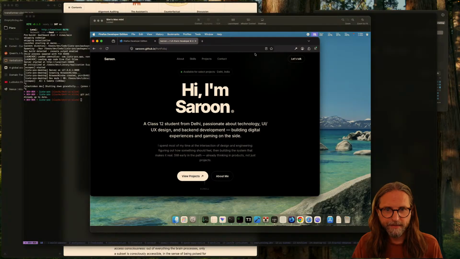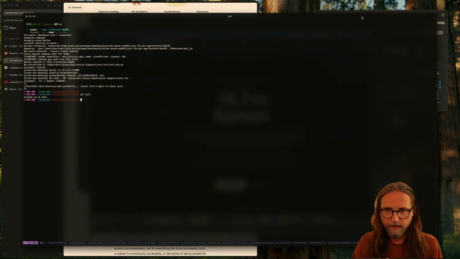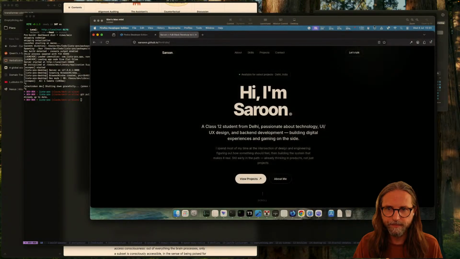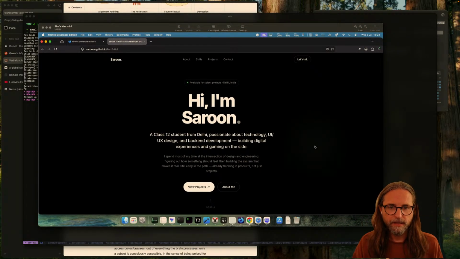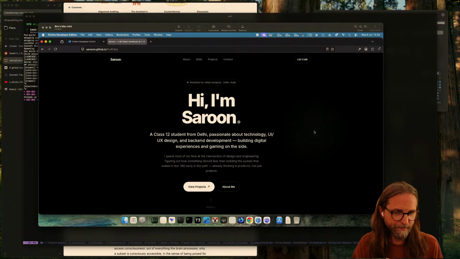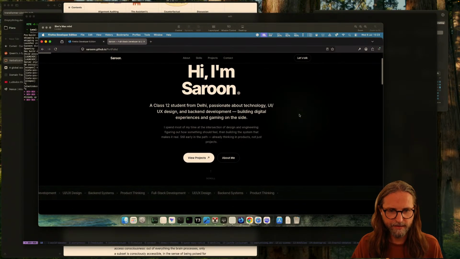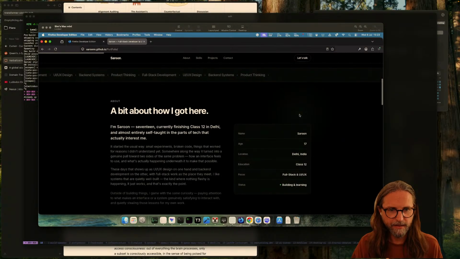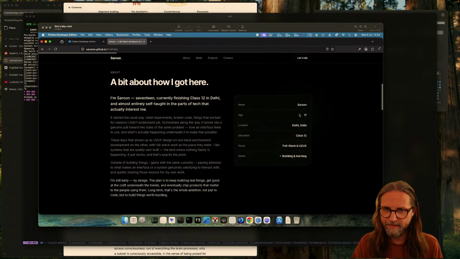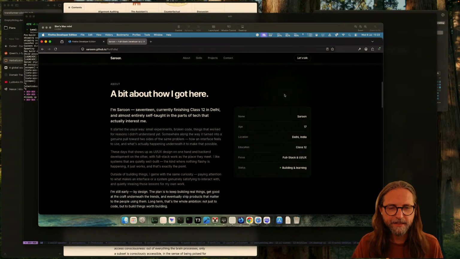All right, there it is. Oh, was the zoom wrong? Looks pretty good. Looks like Shadcn to me. I guess you may have used Fable. The design looks very familiar.